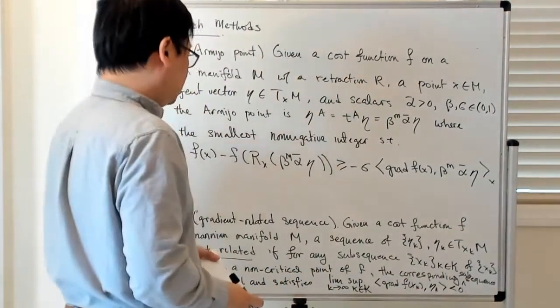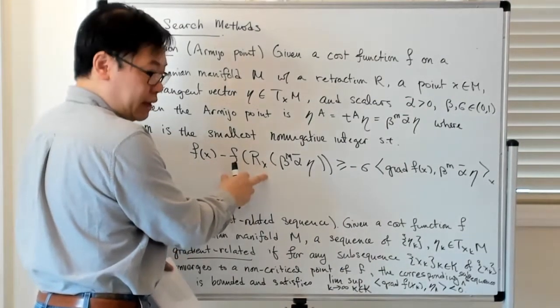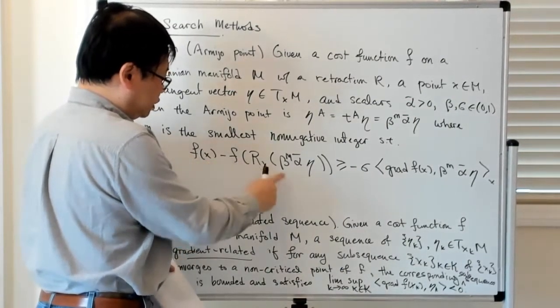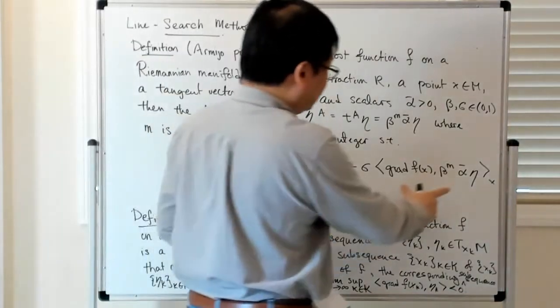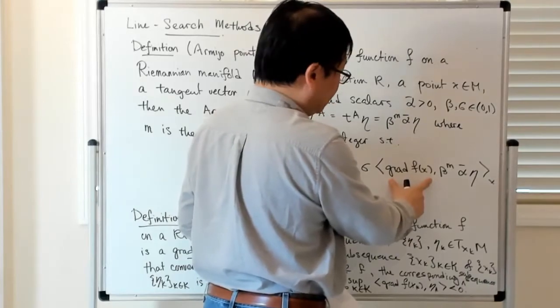Okay, so again, the idea is to compare the actual descent you have from the initial point to the candidate point to what you might expect based on the gradient.